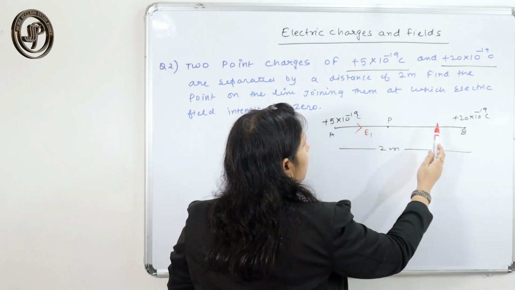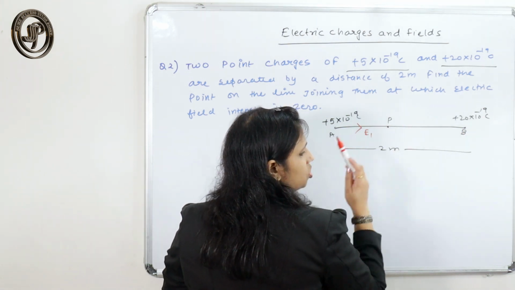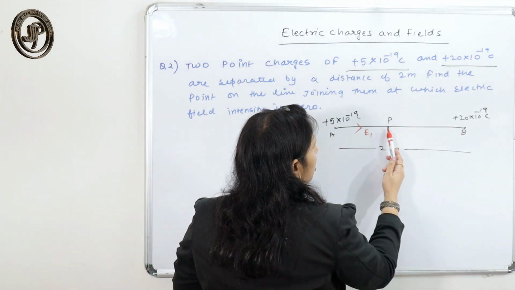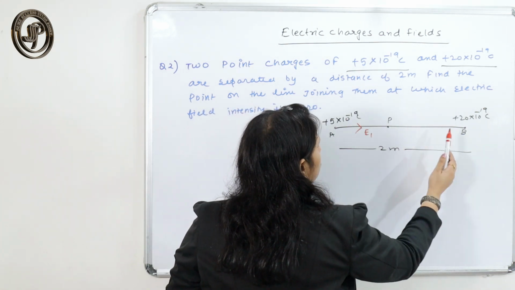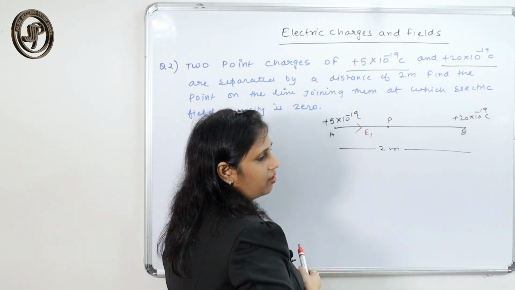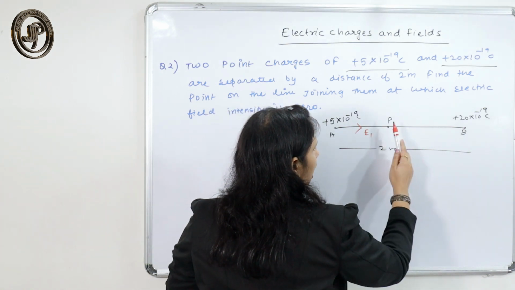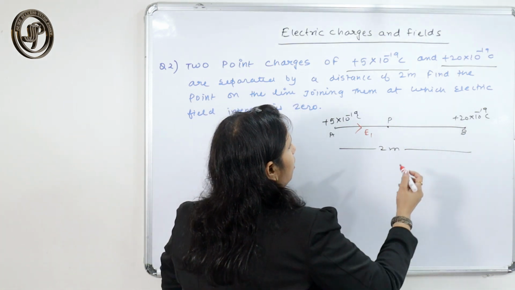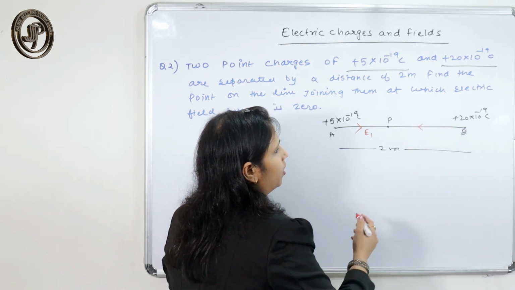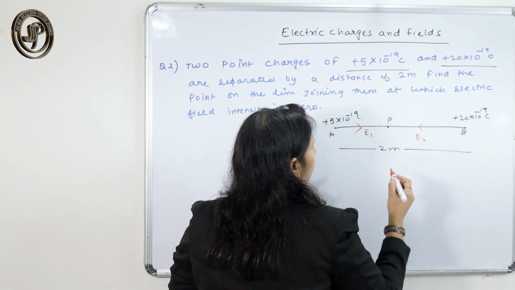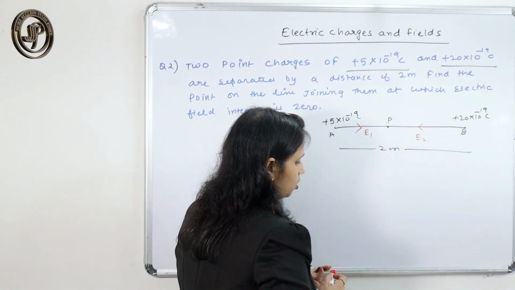Now for this source charge, this is my source charge, this is my test charge. Both are of same sign, so the direction of electric field will be away from the source charge. Okay.